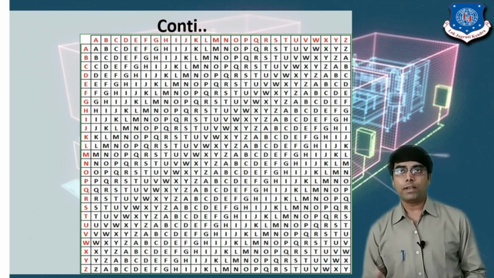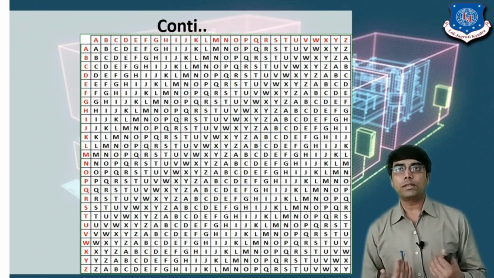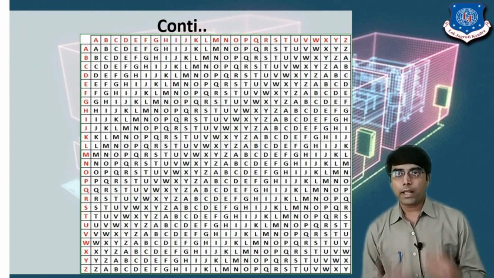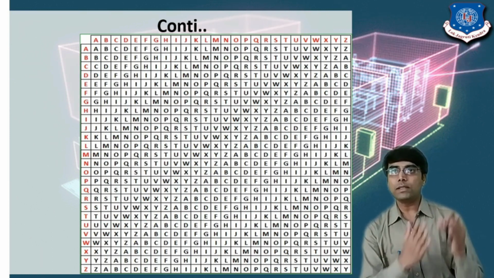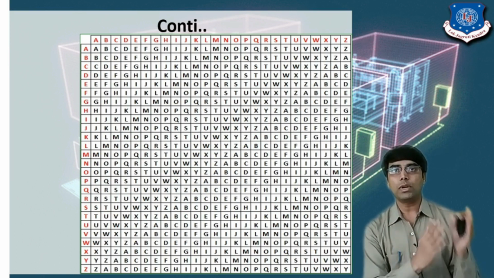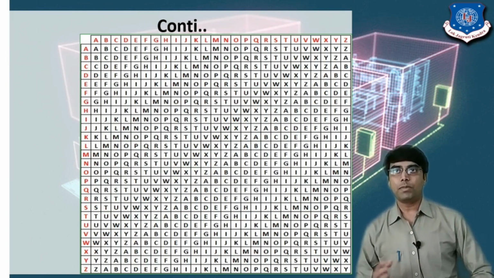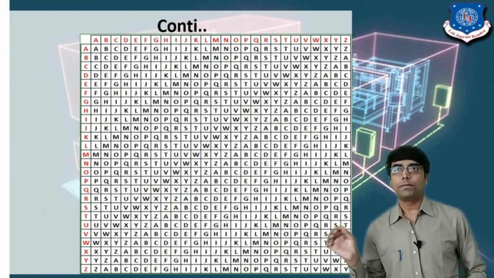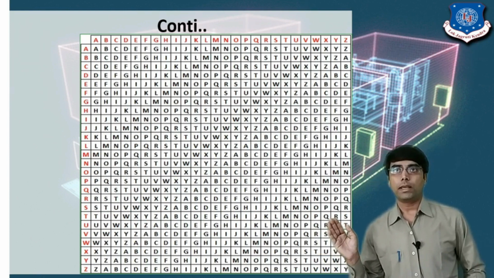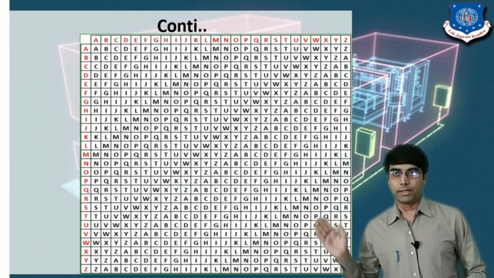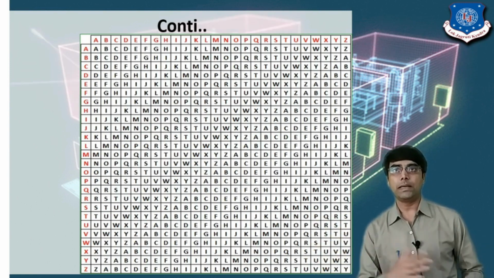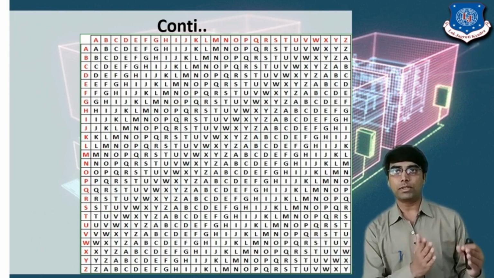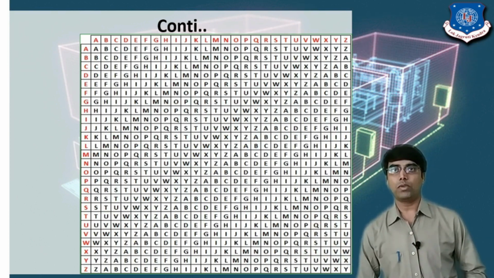It means the first row is shifted by 0, the second row is shifted by 1, and the last row is shifted by 25. So the first row is A B C D E F G, the second row is shifted to position 1: B C D E F G, and the third row starts from C D E F G, up to the 25th.